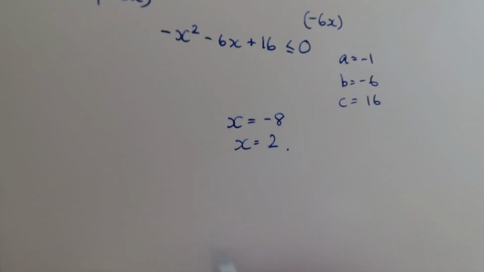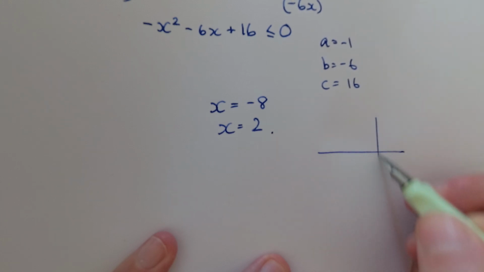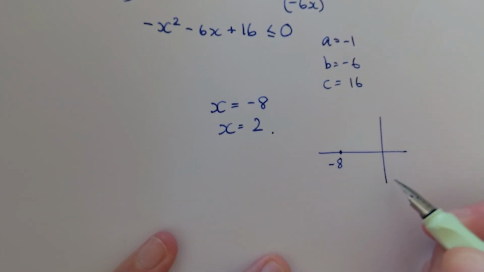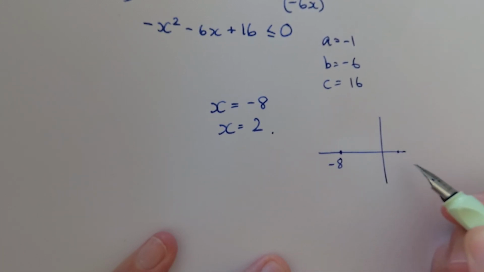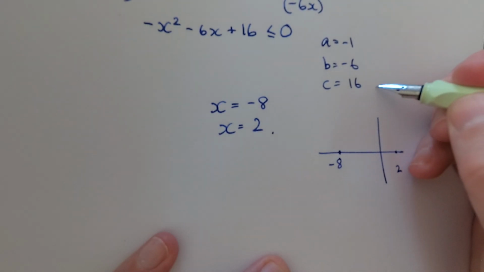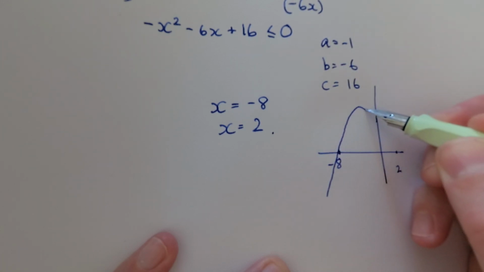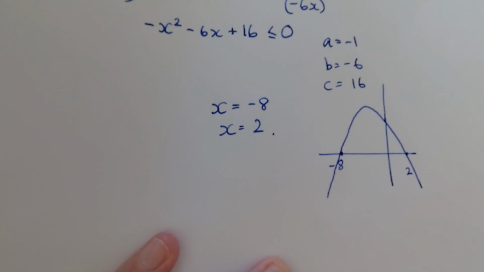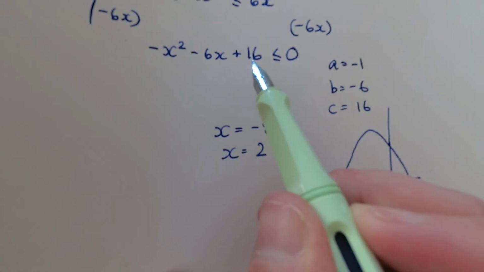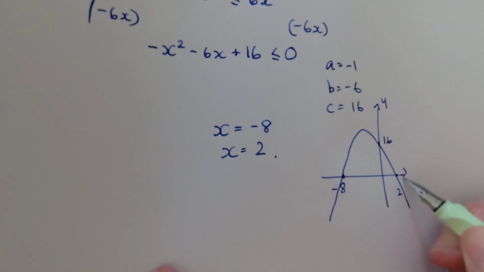So we need a minus 8 and a 2 on our sketch. Now be careful this time, it's upside down. We know from our equation that it's going to cut the y-axis at 16, so pop that one on as well. We've got y and x.